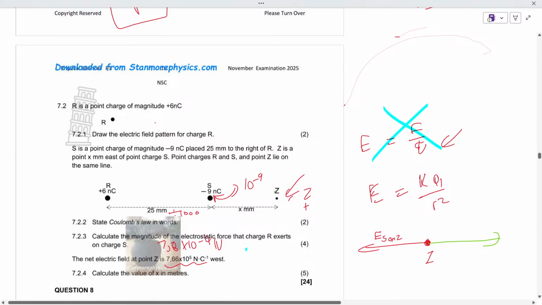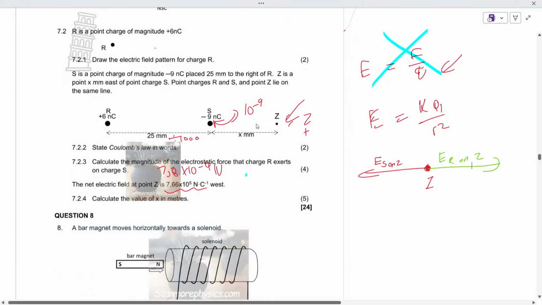Yes, because Z we take as positive unless stated otherwise. It will be the E-net of R on Z, the other way around. So far you're with me in the free body diagram?